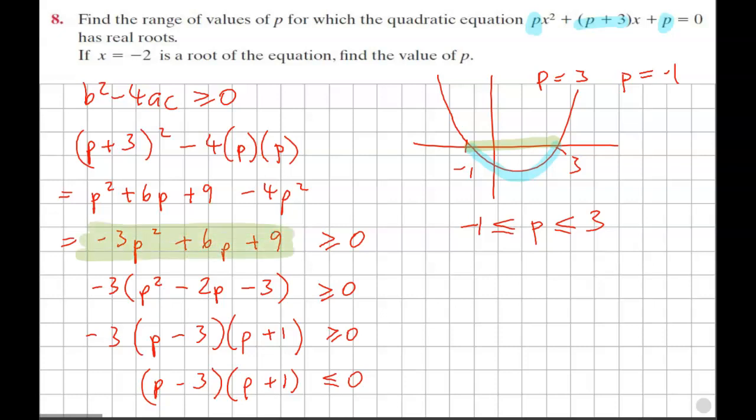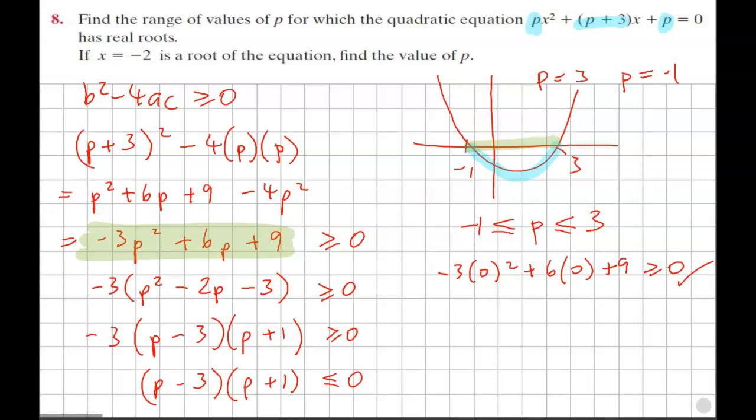So if I put 0 into that, minus 3 lots of 0 squared plus 6 lots of 0 plus 9, is that greater than or equal to 0? Yes, it is. So I definitely picked the right range. It's not outside of -1 and 3, i.e. below -1 and greater than 3. It's a value between -1 and 3. Assuming I've picked the correct critical values, they give me the right answer. So I'm happy with that.